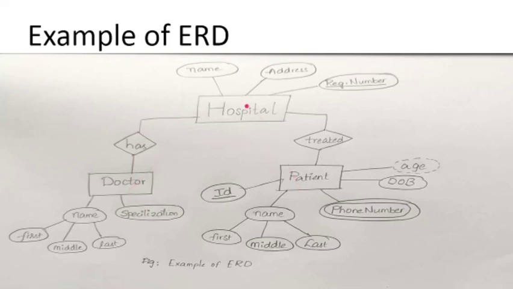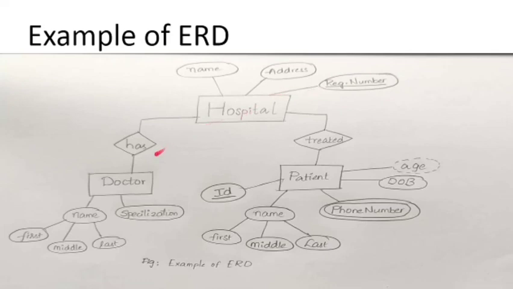For the hospital we have hospital name, hospital address, and registration number too. So hospital is an entity which exists in the real world, and this hospital has certain characteristics: hospital name, its address and its registration number. That's why I represented those things in these oval shapes, which are nothing but attributes of this hospital.